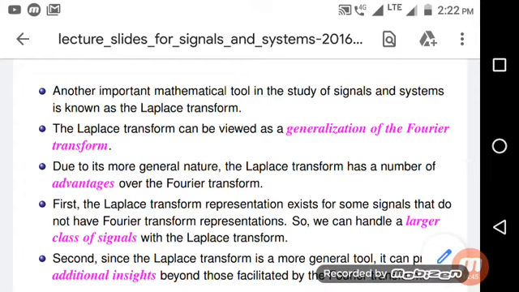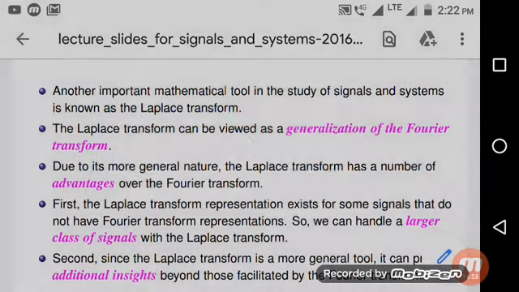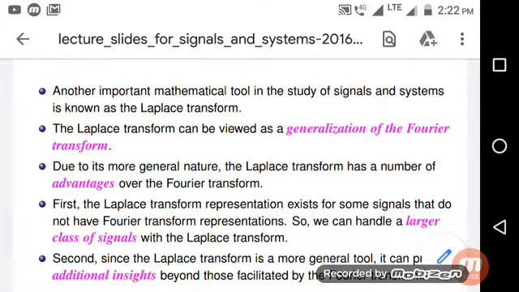Compared to the previous Fourier transforms, the Laplace transform is a better technique compared to the Fourier transform method.